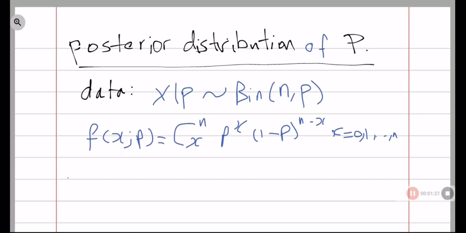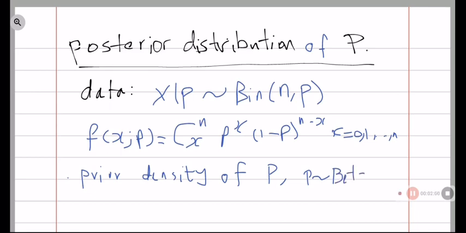Now suppose we also have the prior density here. This is the prior density of P. We can write it as pi of P. For example, say P follows a beta distribution with alpha equal 2 and beta equal 1.